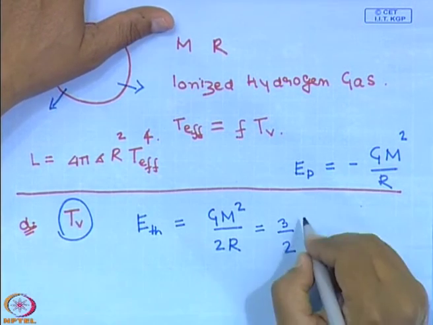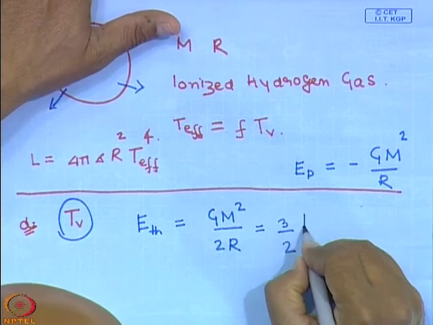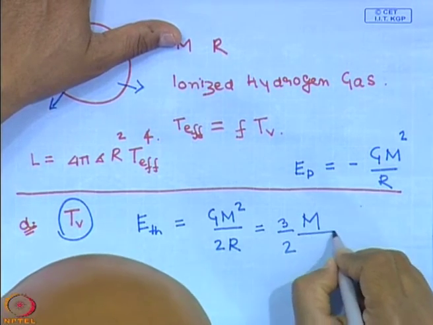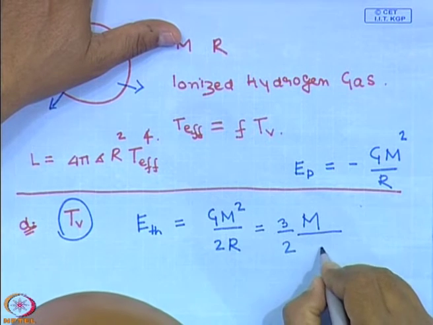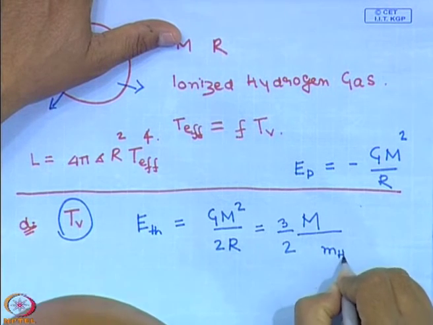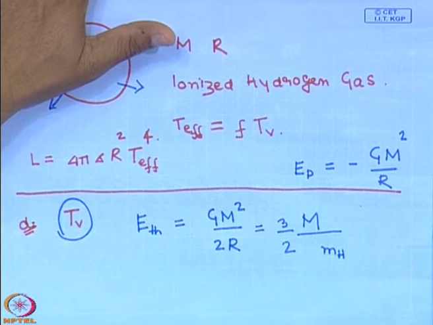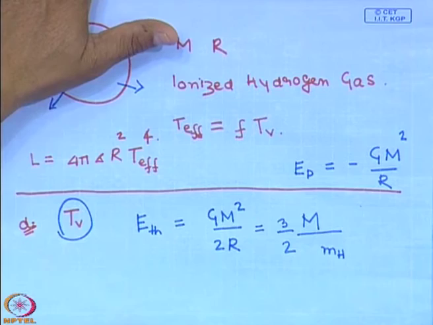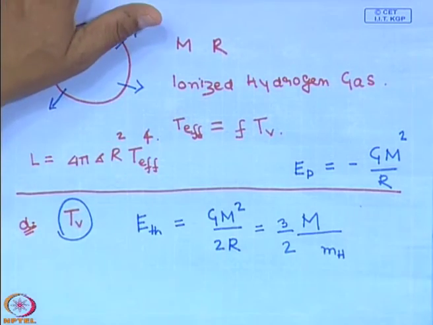The number of particles is going to be the total mass of the object m divided by the mass of the hydrogen atom mH, and there is also the mean atomic mass of this that you have to take into account.